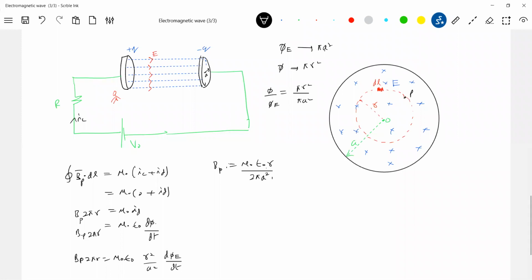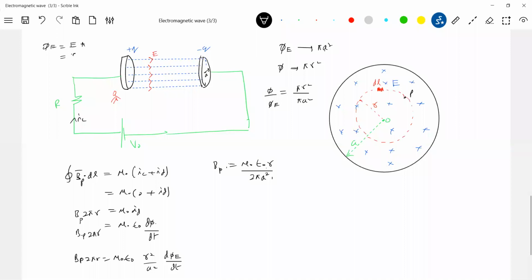So what is the electric flux? I think d phi e by dt, again, what you can write. Okay, let's come to this one. How do you define electric flux here? E into area, electric flux, E into area.